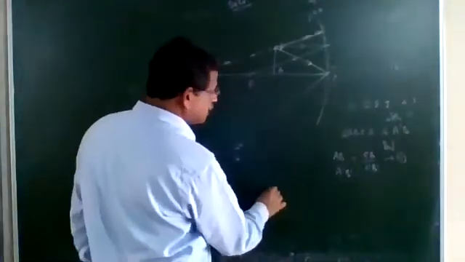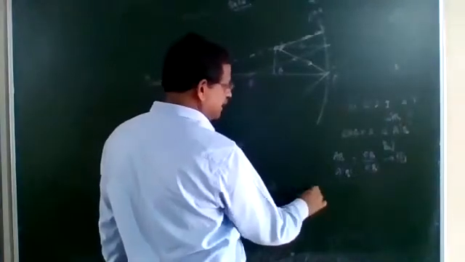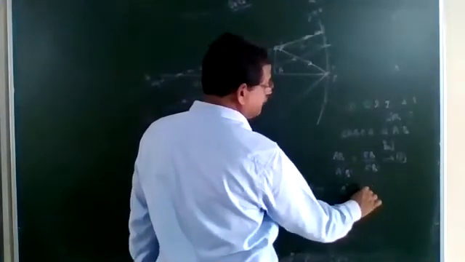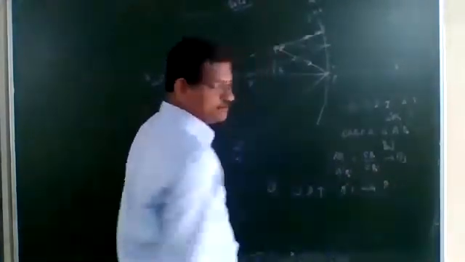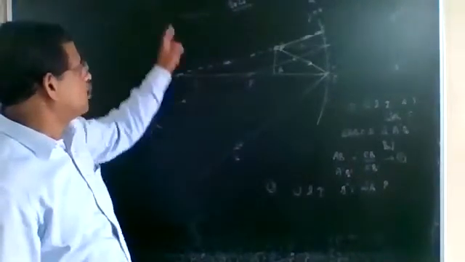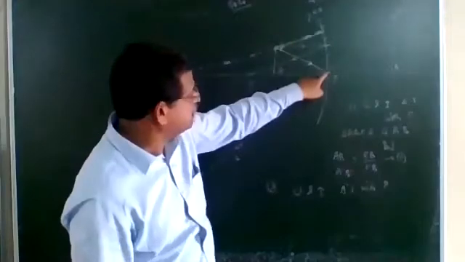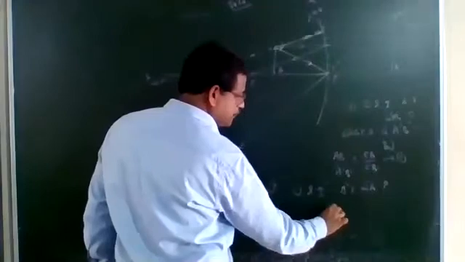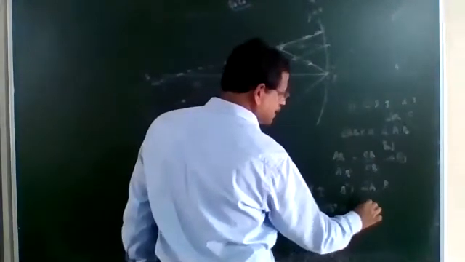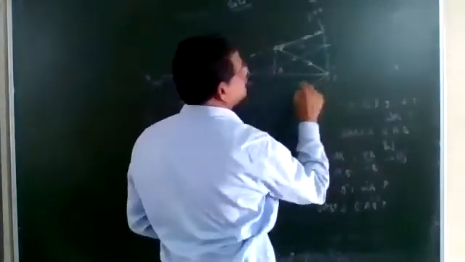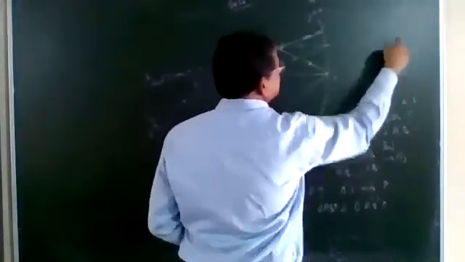Okay, second point. Triangle pair again: object and image triangles with P should be considered. What are the triangles? Triangle ABP and triangle A dash B dash P are similar.